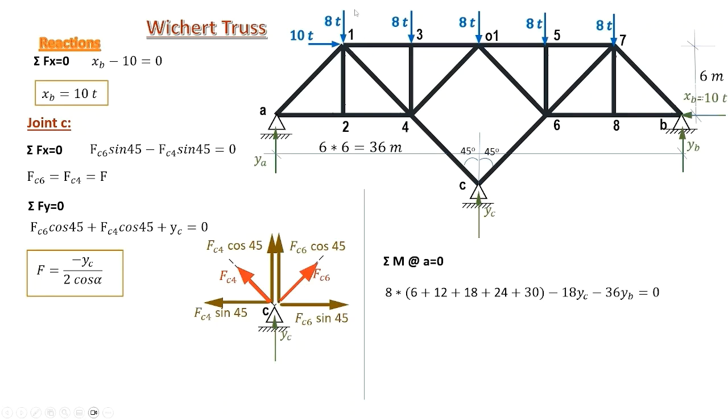Now, since the vertical 8 tons is repeated, we will have it as a common factor and we will add all the arms of it to reach A. So we have the first arm of this 8 tons at joint 1 equals 6, the second 12, 18, 24, 30 as shown, and YC has an arm 18, YB has an arm 36. This gives the relationship between YC and YB as shown in this equation.